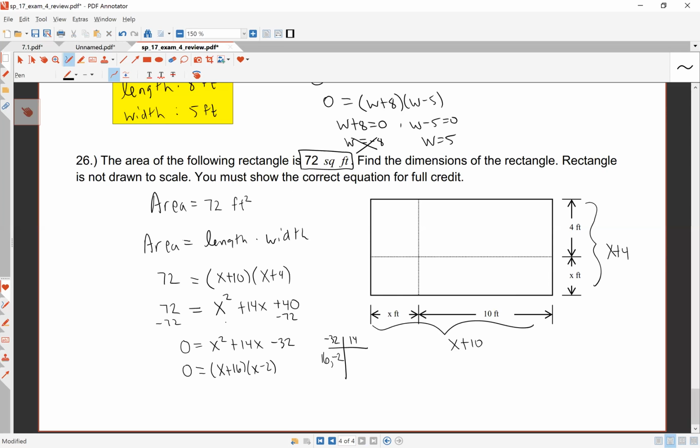And since we want to know when that product is 0, we use the zero product property and set each factor equal to 0. The first one gives us negative 16. The second one gives us x is equal to 2. But remember, negative dimensions don't mean anything to us, so we just get x equal to 2.